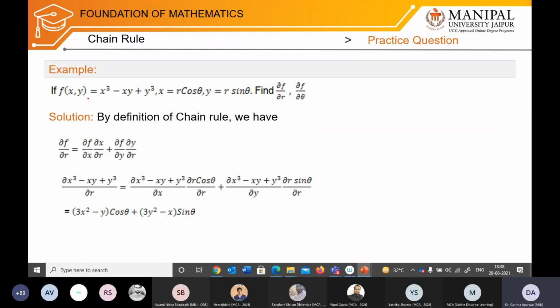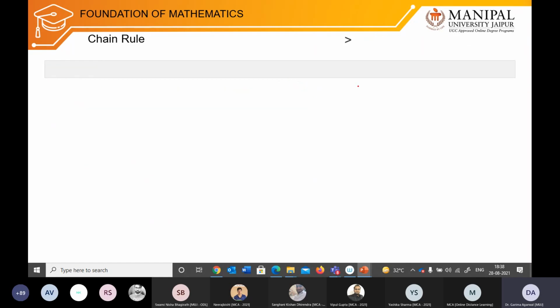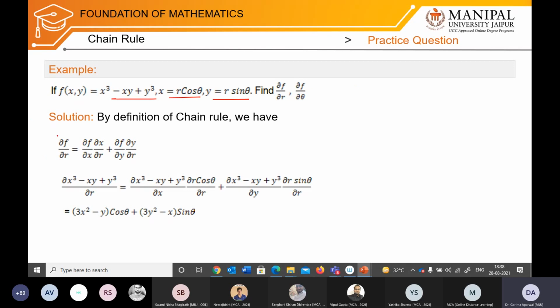Here you can see f is a function of x and y, x is a function of r and theta, y is a function of r and theta, and we need to find del f by del r and del f by del theta. So the formula to find del f by del r is this. Just write the value of f, x and y in the numerator, and differentiate it accordingly.